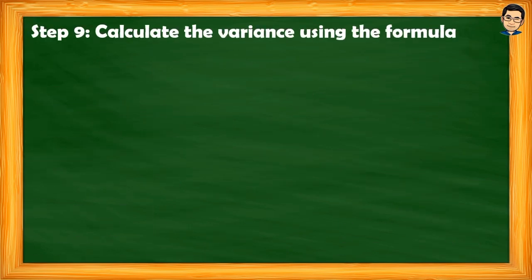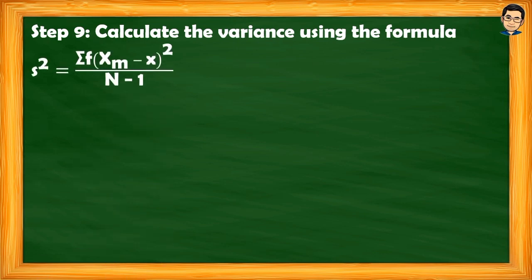So, for step 9, calculate the variance. Using the formula, yan. So, yung summation of the product of the frequency and the square deviation all over n minus 1. So, yung nakuha nating summation is 1,209.376. Okay. Next, divide natin sa 40 minus 1.